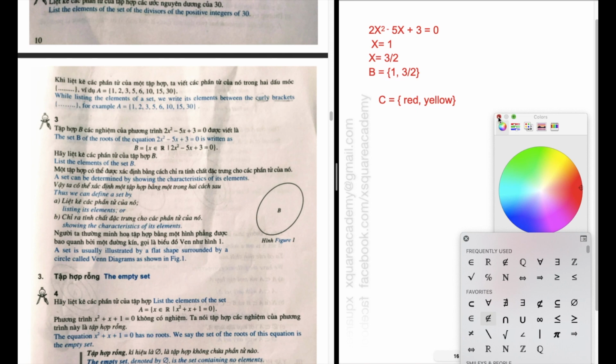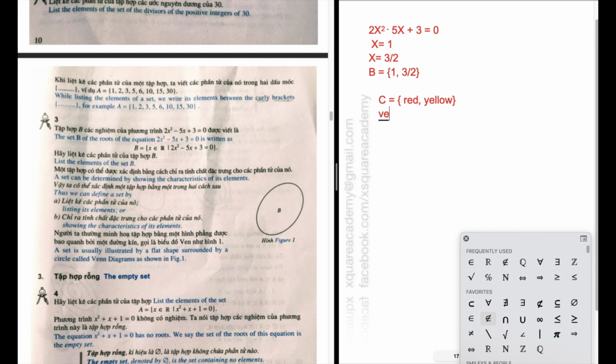You see, this is the vertical bar and the colon. We can replace this symbol by this symbol.